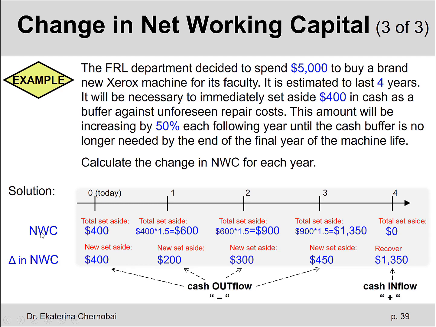So for the net working capital, we would have $400 in year 0, again $400 as of end of year 1, because there is no change, $400 again in year 2, another $400 in year 3, and as always, 0 in year 4. As for the changes in the net working capital, the immediate change is still $400, but then we would have $0, $0, $0, and in the final year, we would recover $400, that was set aside a long time ago.